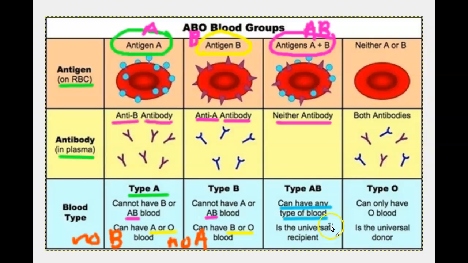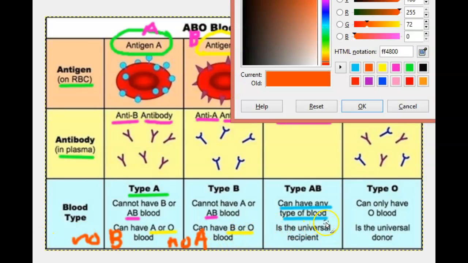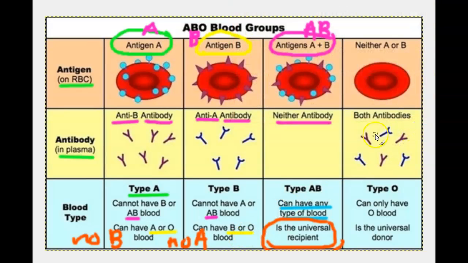And that's why they're called the universal recipient. Why? Because of this. No antibodies in their plasma.